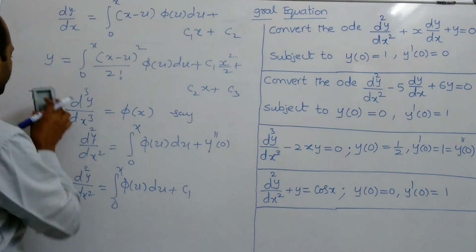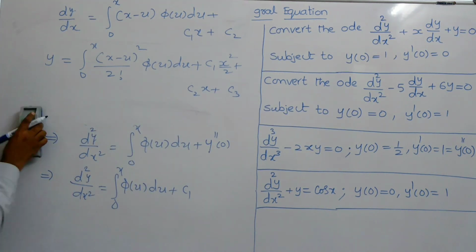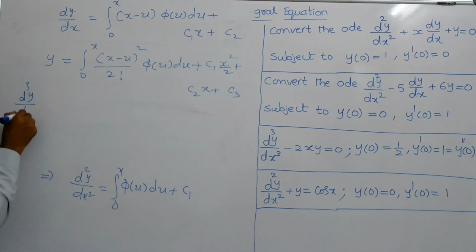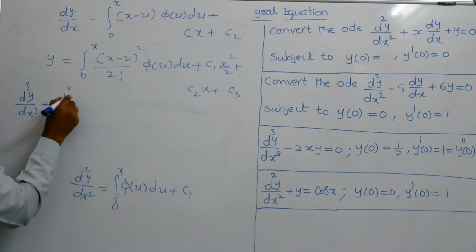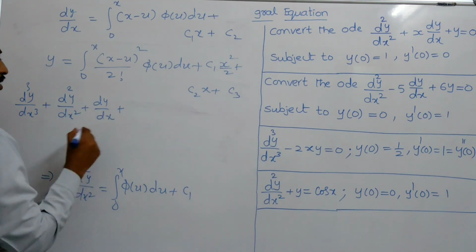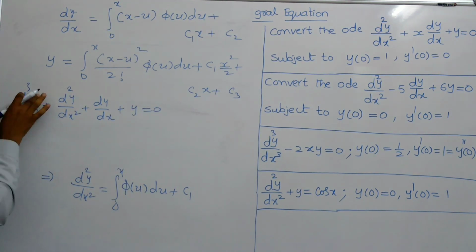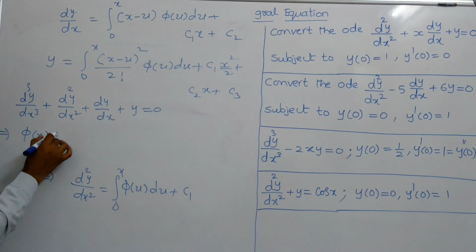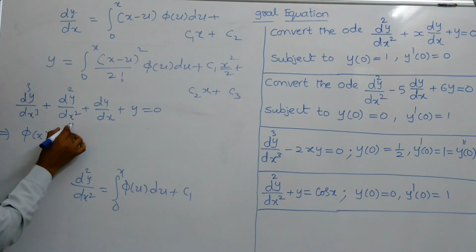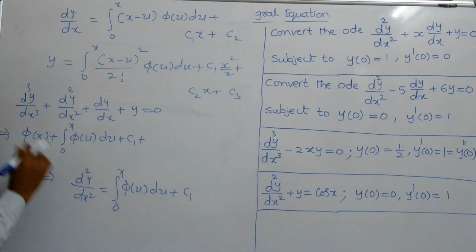in the given differential equation, d cube y by dx cube plus d square y by dx square plus dy by dx plus y is equal to 0, we get: substitute all these terms. What is d cube y by dx cube? We take it as phi of x. What is d square y by dx square? Integral 0 to x phi of u du plus C1.